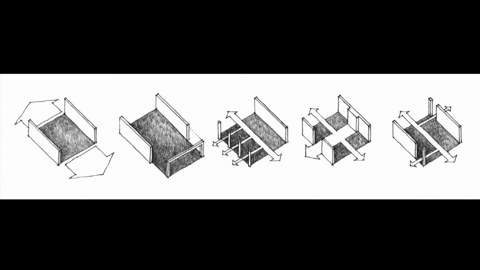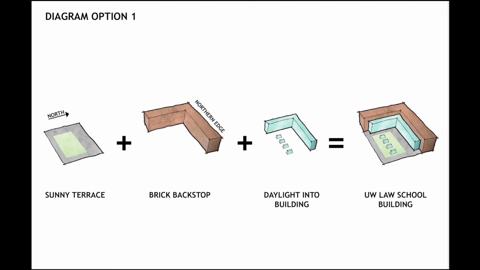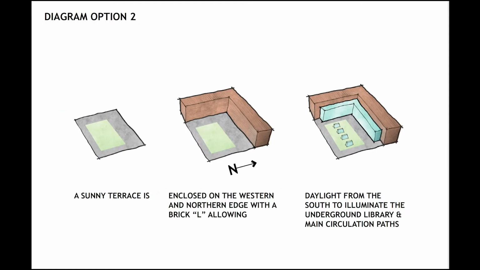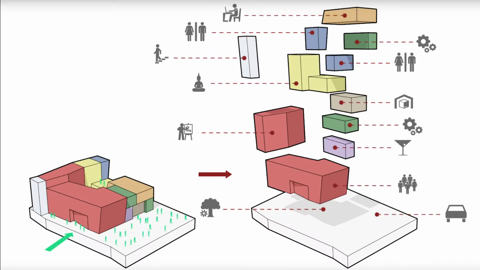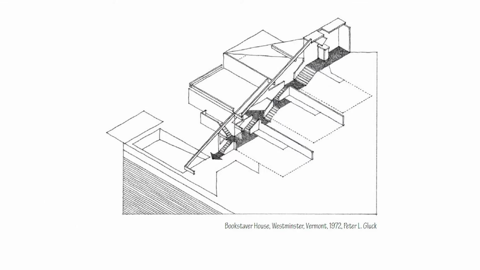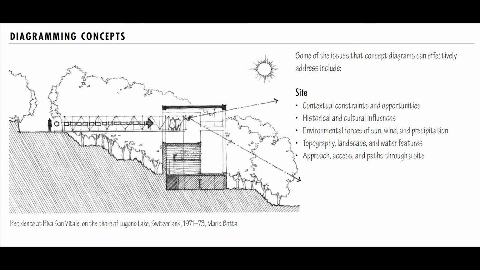A diagram is a drawing that explains or highlights a specific part or aspect of a project. A diagram is a visual expression of your thinking, and a good diagram can help you think. It can help you think about the arrangement of the parts of a project, or how people walk through a project, how a project relates to the landscape.